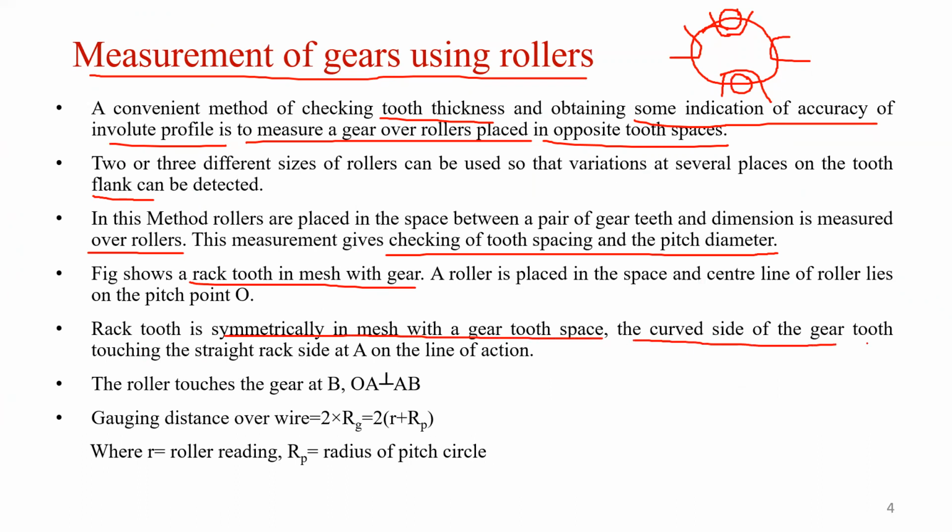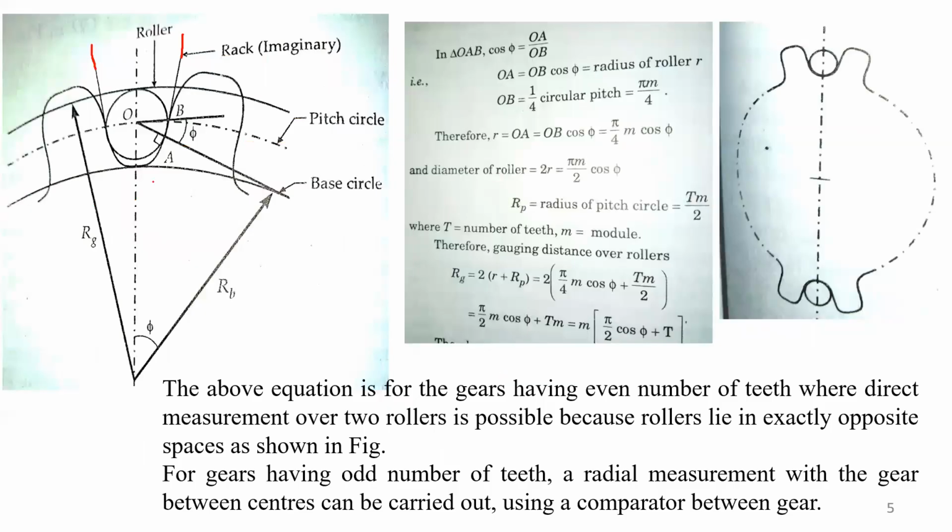The curved side of the gear tooth touches the straight rack side at point A on the line of action. So this is the line of action of the gear. This is passing through the center of the roller such that this distance OA is perpendicular to the AB line.